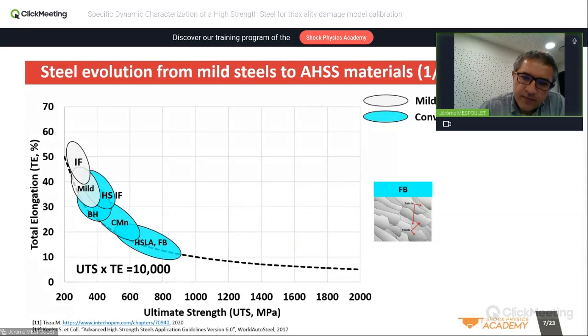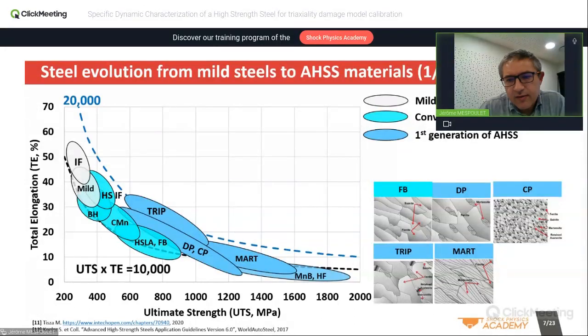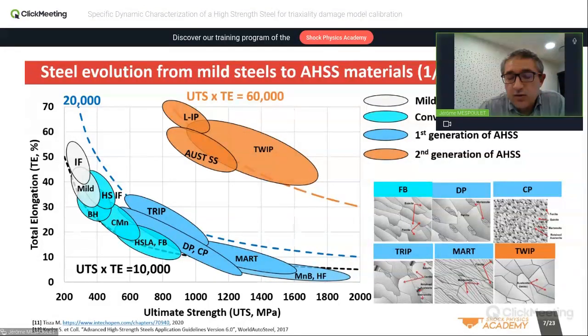And year after year, people used various kinds of techniques, and they stopped calling them high strength steels. They started to call them advanced high strength steels, and they used various different processes to increase this capacity. They doubled it, you see, from 10,000 to 20,000. And roughly in the middle of the 80s, I think, people managed to multiply by 6 the value they had at the beginning.